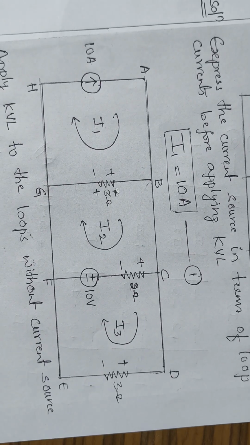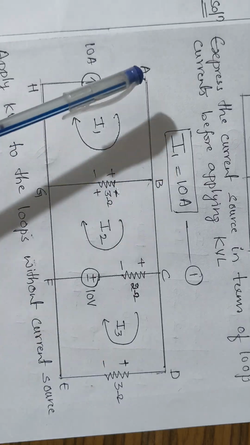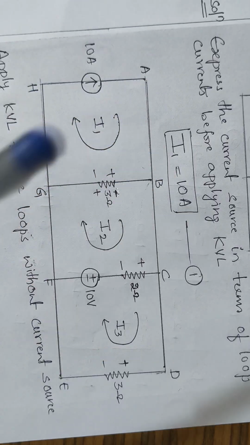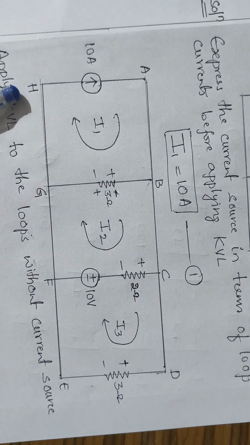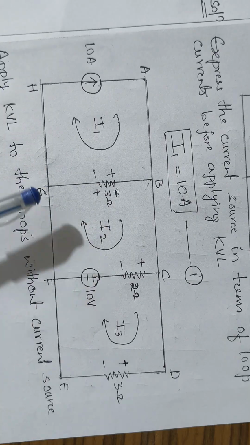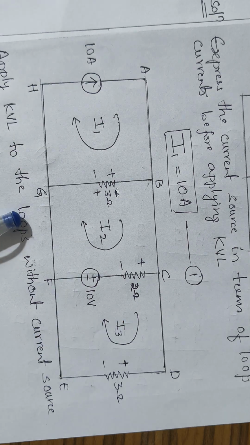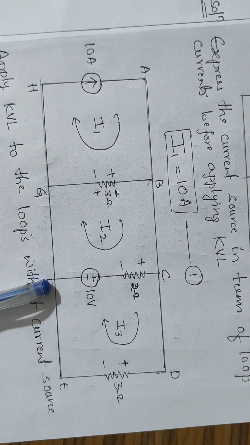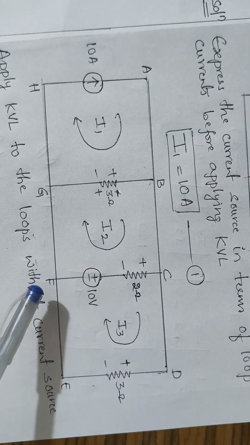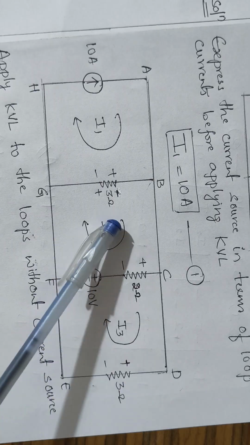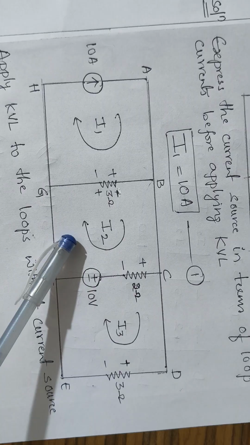Now the next step is, we have to redraw the figure which is given in the question. We'll name all the nodes or the vertices, you can say A, B, C, D, E, F, G, H. Then after this we have to assign the polarity of all the network elements present in the circuit. We have resistors and the voltage sources. So we'll first consider this loop, that is B, C, F, G, H. Here the loop current is I2 and the direction is clockwise.